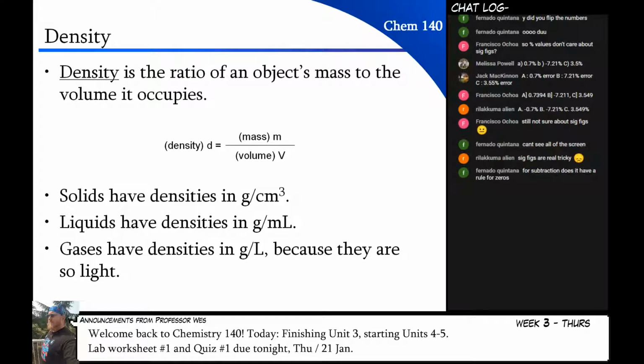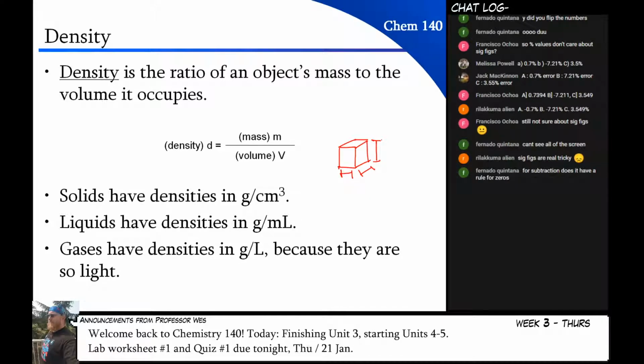Now, the reasoning for this is because cubic centimeters tend to be easy to manipulate. So if you have a cube, you can easily get a 1 centimeter by 1 centimeter by 1 centimeter cube of a material with a little bit of effort.